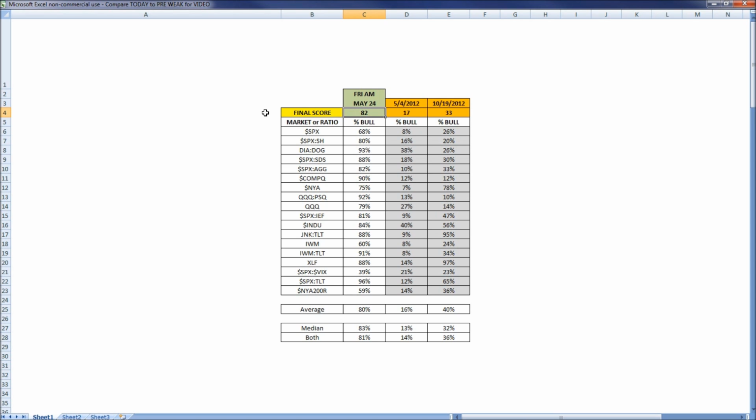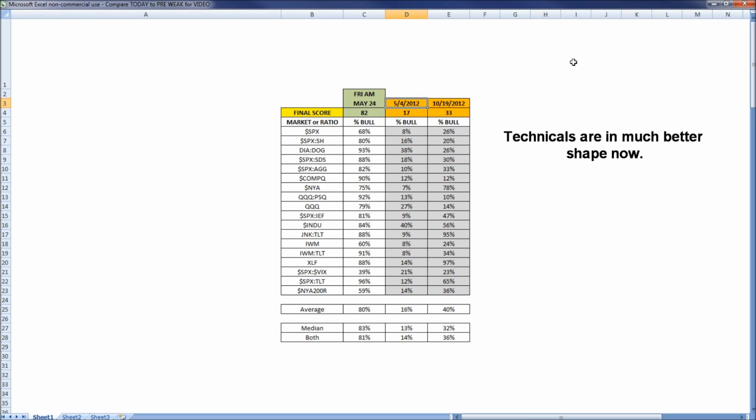A 0 would be the most bearish. 82 on Friday. You can see on the days where there was a higher probability of acceleration to the downside, so your risks were high, the scores were much, much lower.